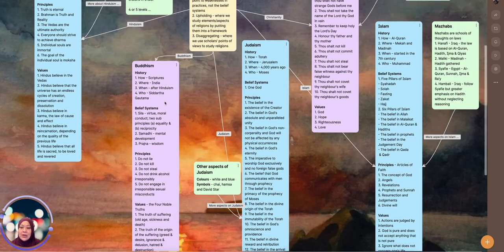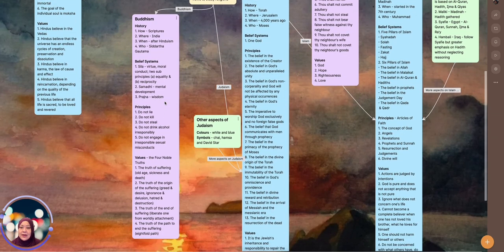If we look at Buddhism, we have the history here, a collection of scriptures, where it's similar to Hinduism. India, the second oldest religion after Hinduism, and the founder, Siddhartha Gautama, also known as Buddha.